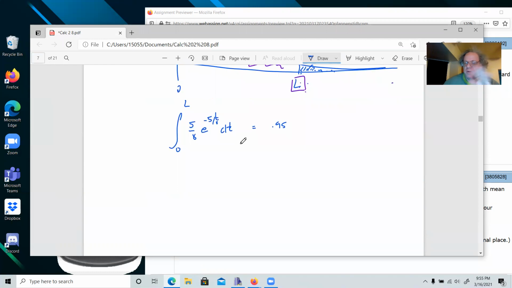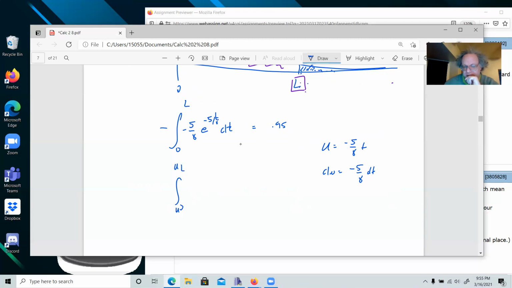We'll do the u substitution, but I'm going to go back to t space. u is equal to negative 5/8 t, du is equal to negative 5/8 dt. So here's my negative, here's my negative. We have 0 to L.